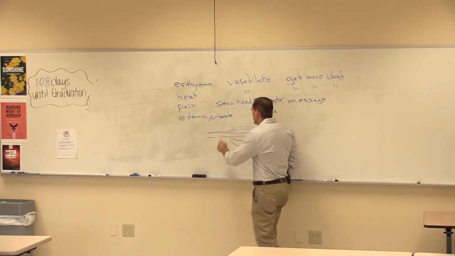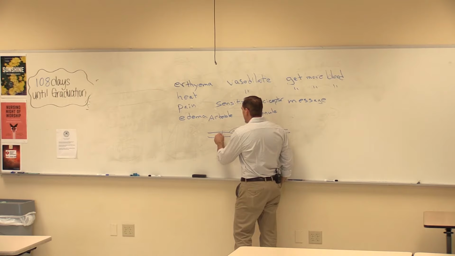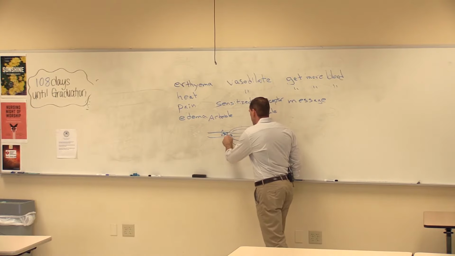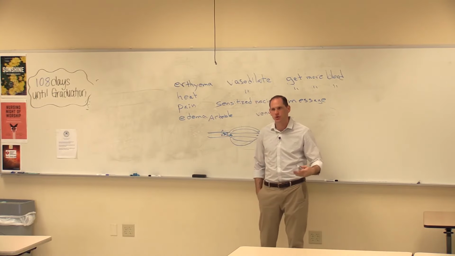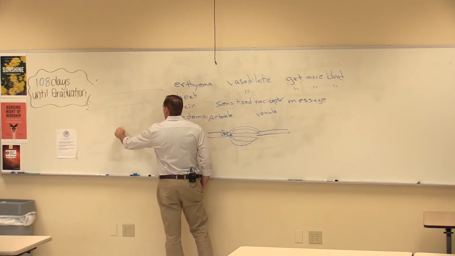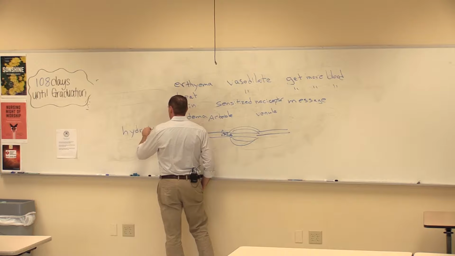As it turns out, the arteriole has about 37 millimeters of water pressure on it. So that's called hydrostatic pressure. Our first pressure is called what? Hydrostatic.